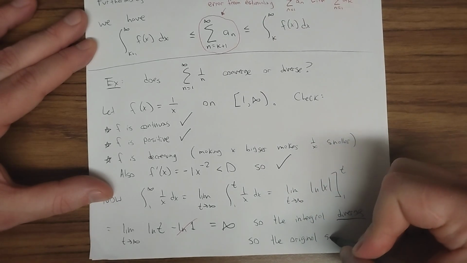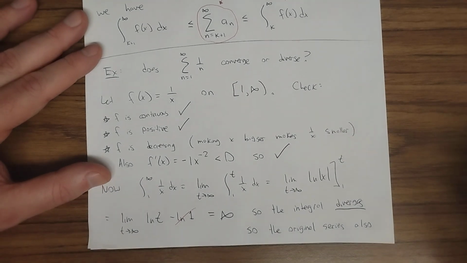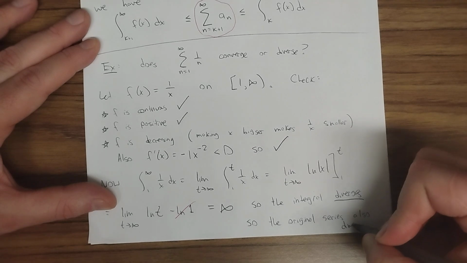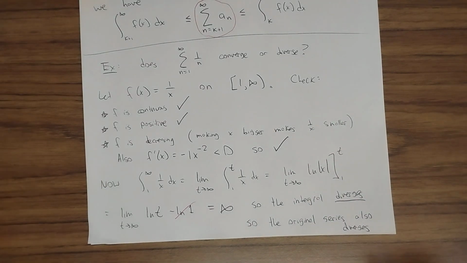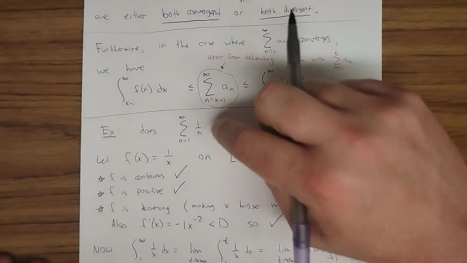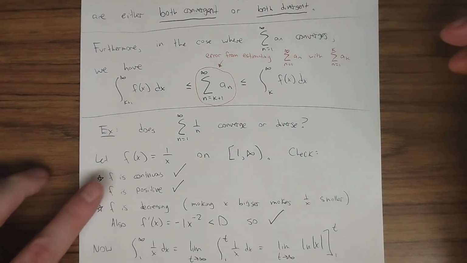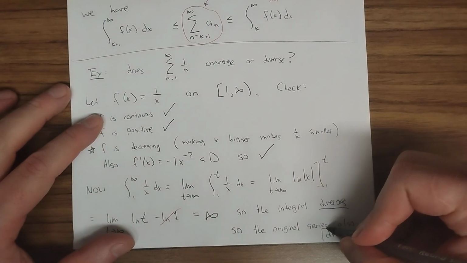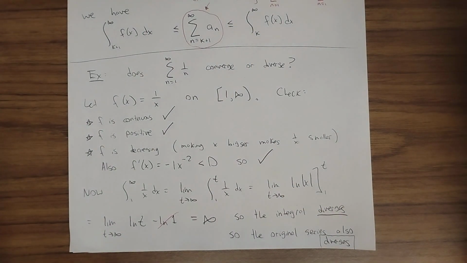So the original series also diverges. So see, I'm being careful to, instead of saying it diverges, I'm saying the original series. So somebody reading it would understand that I'm referring to this, that this was what the question was about. So anyway, we got our answer. The original series diverges.